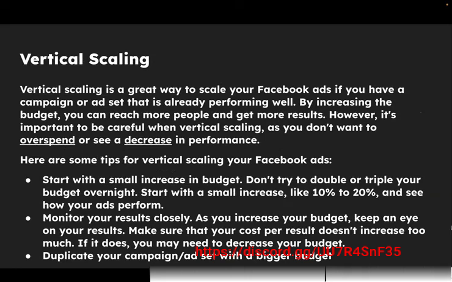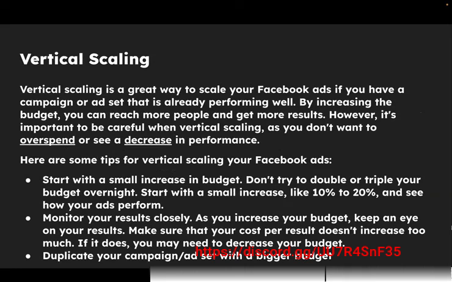So vertical scaling, this is a great way to scale, and you do that by increasing the budget of your ad sets or campaigns. So here you need to be extremely careful, because if you increase your budget too much, you might overspend. So what I actually do to scale vertically, I would increase the budget in small chunks.